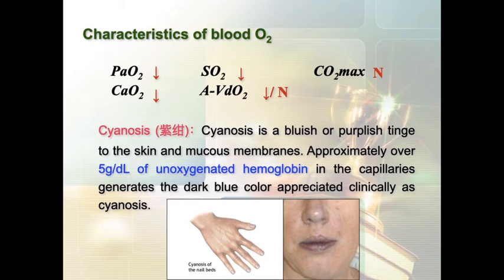A lot of unoxygenated hemoglobin in the capillaries makes you show the dark blue color, which is called cyanosis. Then how many unoxygenated hemoglobin in your capillary is within the normal range, or should any unoxygenated hemoglobin be found in the capillary of normal people?